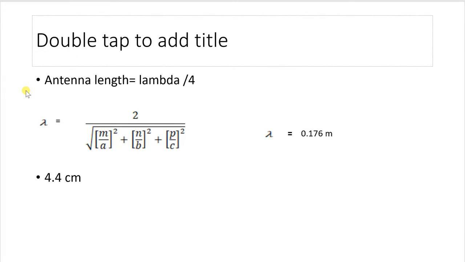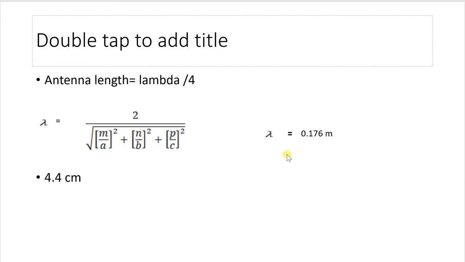Furthermore, according to our book, my antenna must be a quarter of my wavelength to receive back my E fields and transmit them. So I have calculated the wavelength by this formula, and I found out that my wavelength is 0.176 meters, and a quarter of it is 4.4 centimeters.